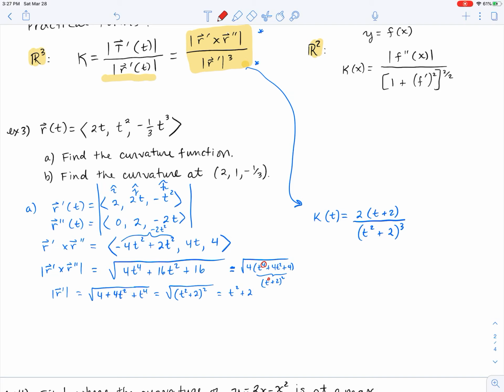This is t to the fourth, so that should be t squared. And then that means that our k of t can be reduced. So our curvature at t is going to be 2 over t squared plus 2 quantity squared.